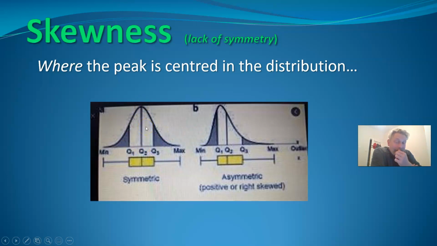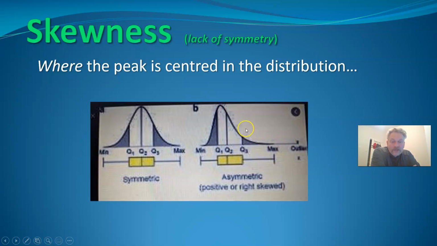But occasionally, you might find that the data is sloping off to one side. It becomes asymmetric. So we can see here that the mean average, the central tendency, has been pulled across here. And you've got a big extended slope.